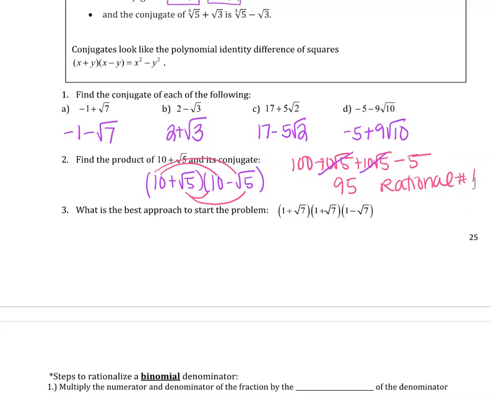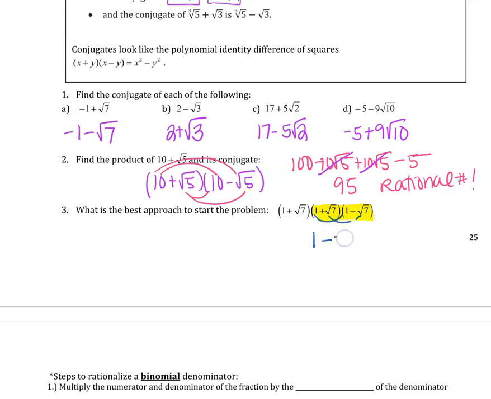So coming on down to number 3, if I were to ask what's the best approach to start this problem, I would look for conjugates. So I would actually start by multiplying 1 plus radical 7 times 1 minus radical 7, because I know that when I FOIL, the inner and outer terms will drop out, which means I only really need to calculate the first and last terms together.